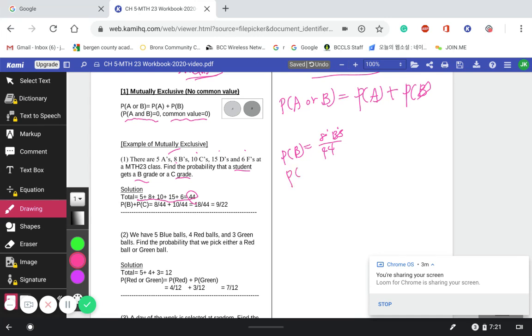And the probability of C would be, I'm sorry, 10 out of 44. So the probability of B or C would be 8 out of 44 plus 10 out of 44. So you get 18 out of 44.